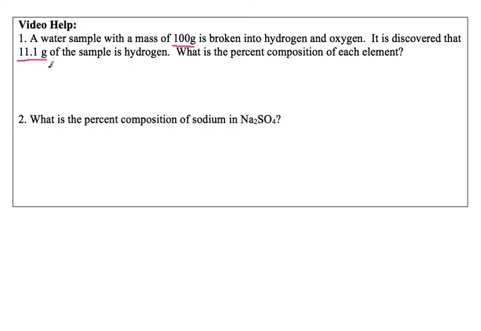So if I want to know the percent of each element, well, for hydrogen, I know that the mass of hydrogen is 11.1. I know that the total amount of the entire compound is 100. That's the mass of the water. And so what you would do is divide, and you get 0.111, and so you end up with 11.1%.